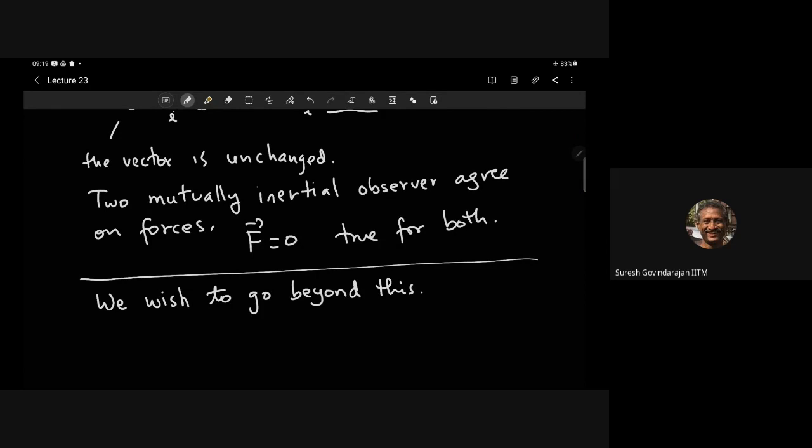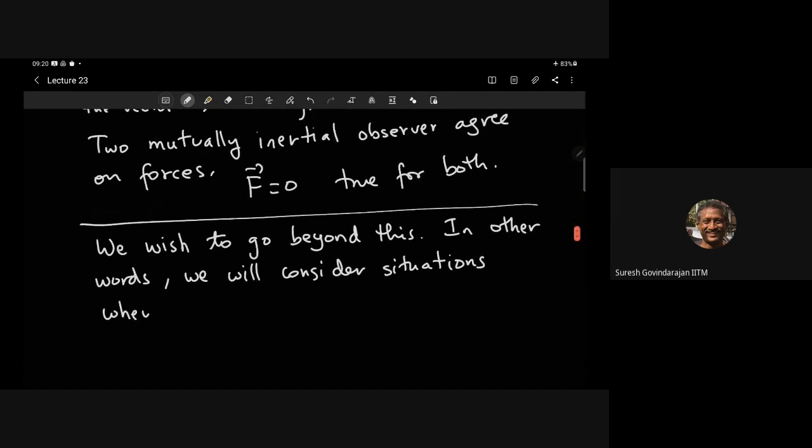So we want to look at situations where observers do not have to agree on forces. In other words, consider situations where they may not agree on forces.